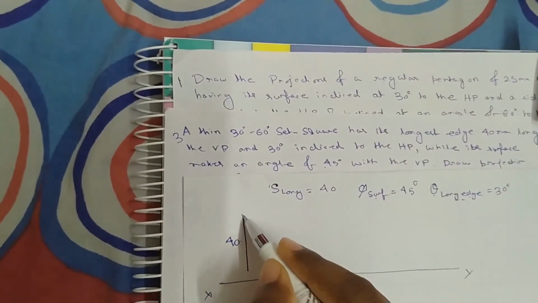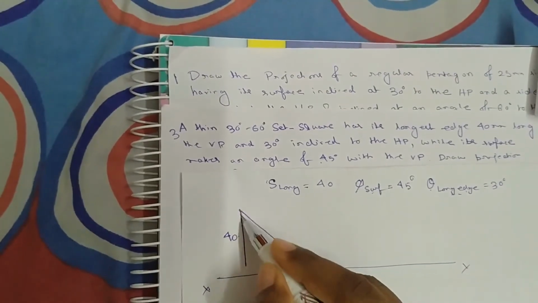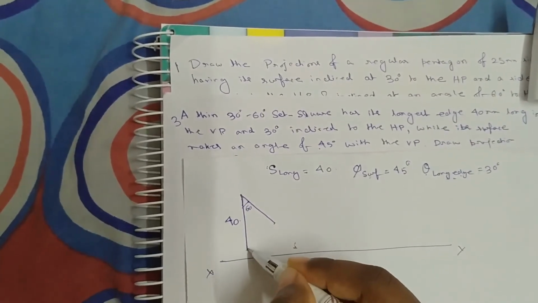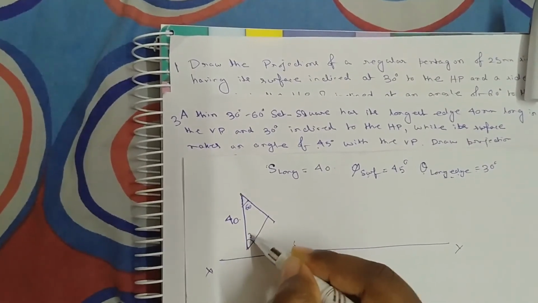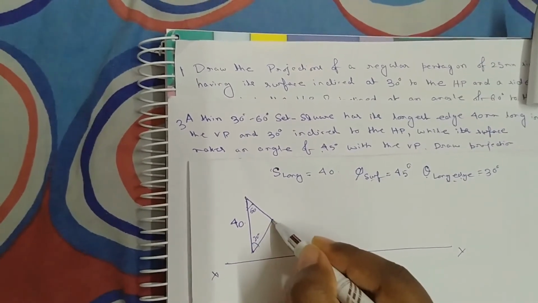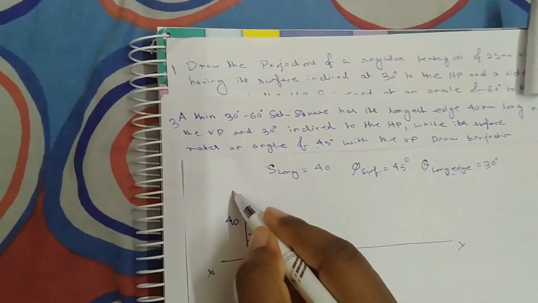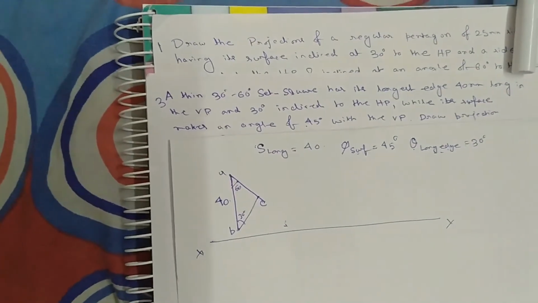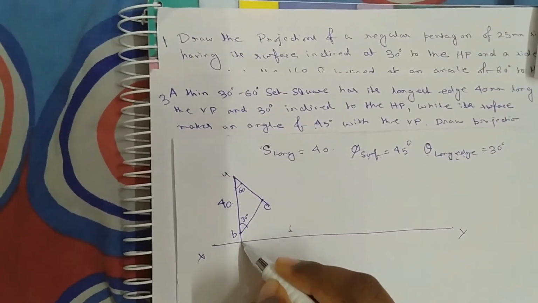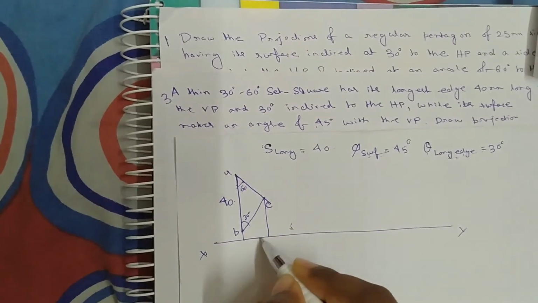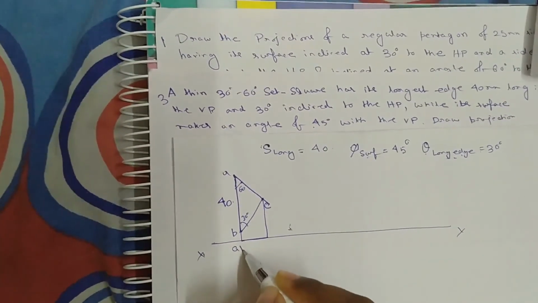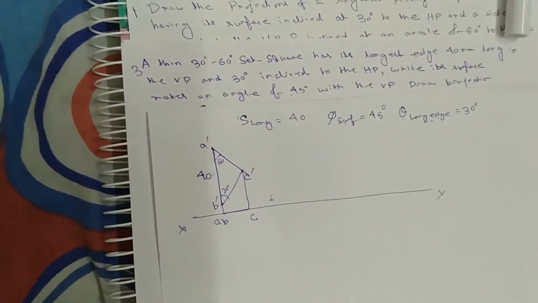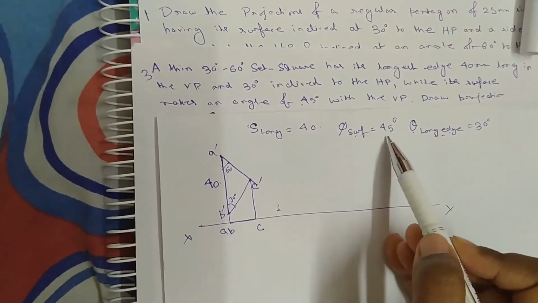After that, you are going to take your set square and make this angle 60 and this angle 30°, and where it cuts, you are going to get the third point. You can name it A, B and C. Now if we project, we are going to get simply a straight line A dash, B dash, C dash, and this is A, B, C. Now it is making a surface angle of 45°.